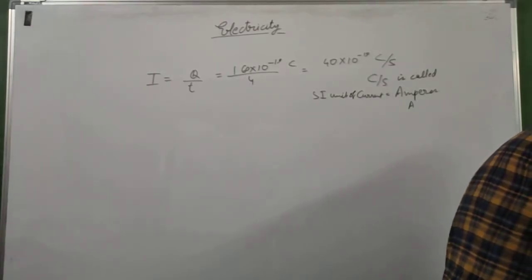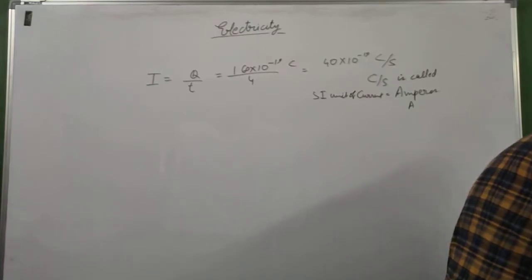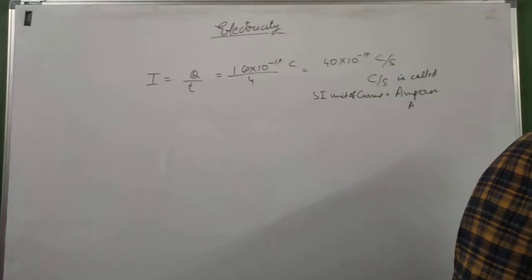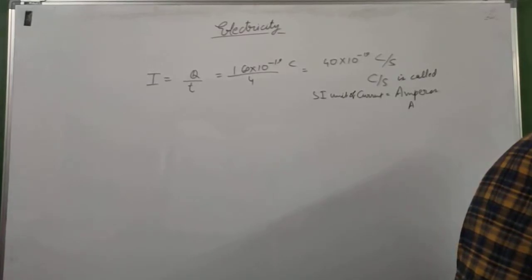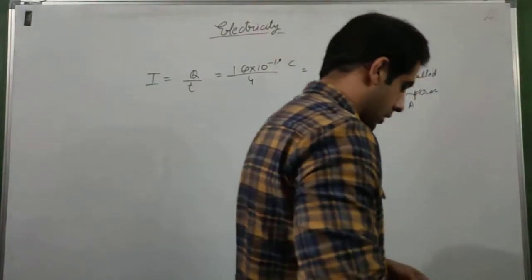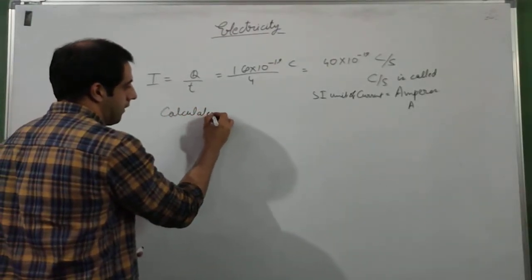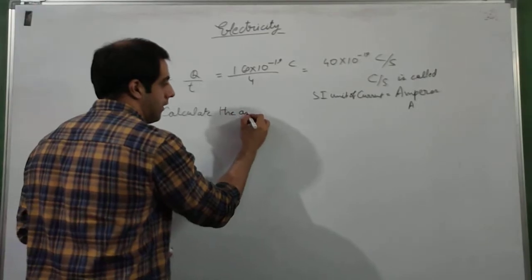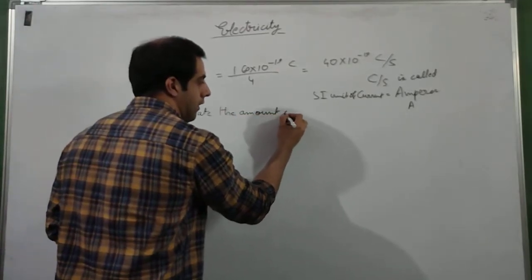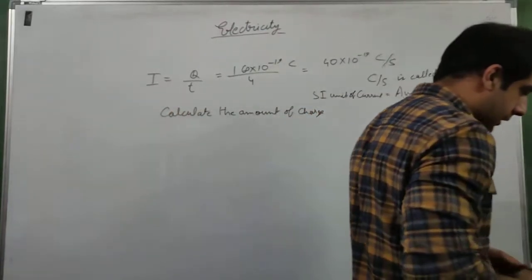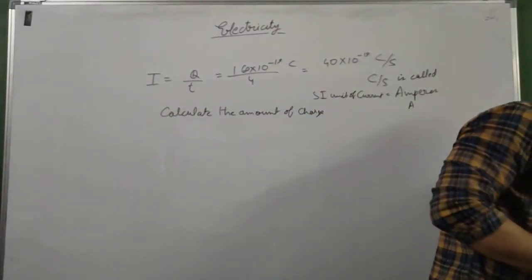Now let us say we have to calculate the amount of charge flowing in a conductor in 2 hours.